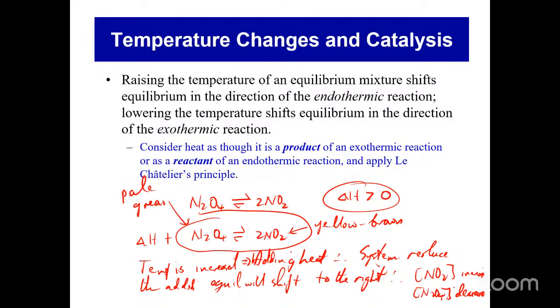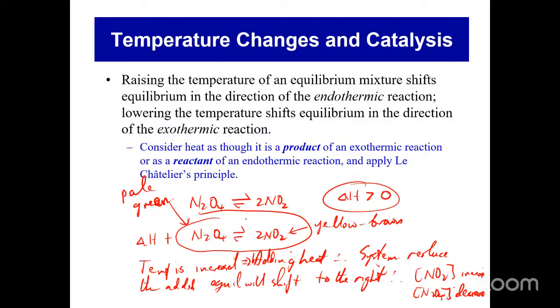And in the lab that you'll be doing, which involves this particular reaction, you're going to have the gas trapped in a test tube above a solution which produced it. And then you're going to put it in ice water, and you're going to see the color change. And then you're going to put it in hot water, and you're going to see the color change, right?